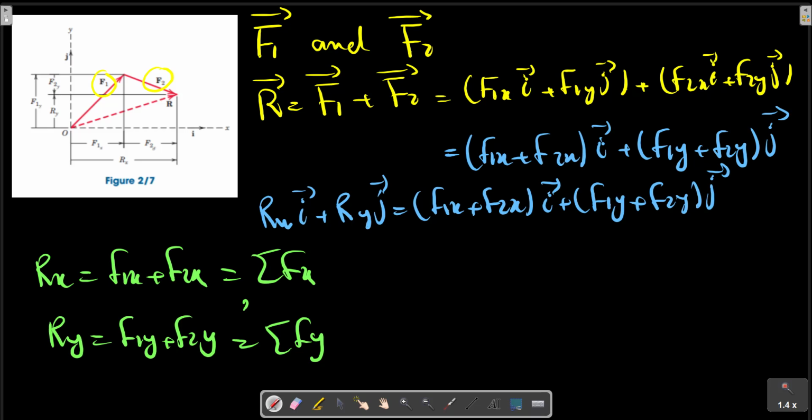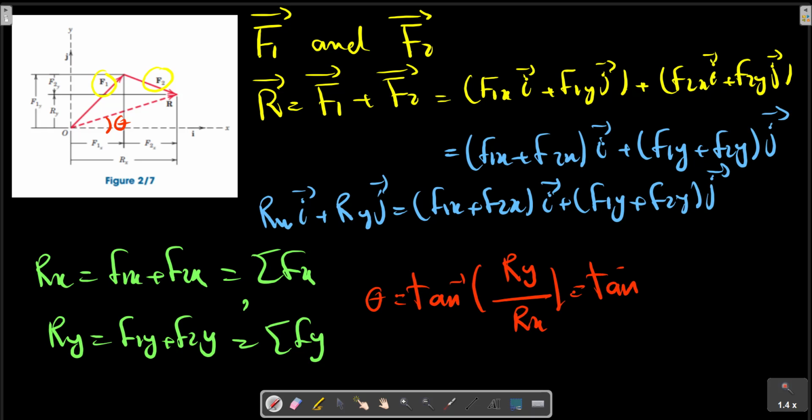We can also find another specification of the resultant vector. For example, theta is tangent inverse of Ry over Rx, that is sigma Fy over sigma Fx.